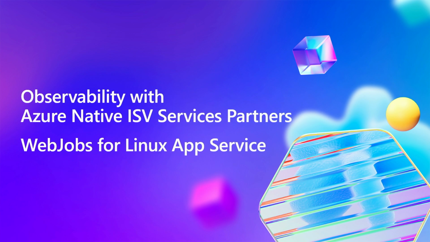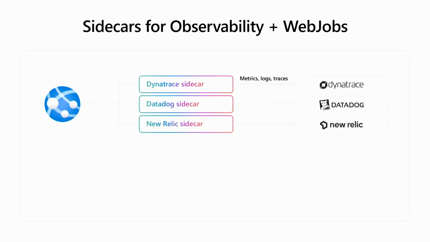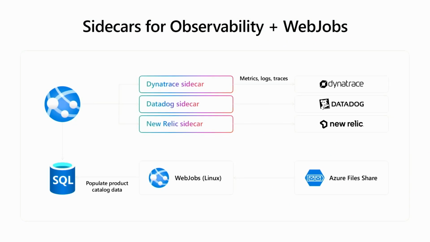So recently, we announced public preview for the sidecar pattern. The sidecar pattern is an architectural pattern which allows you to take different components of your web application and run it as separate containers. These containers can then be added as sidecars to your main application and run together.